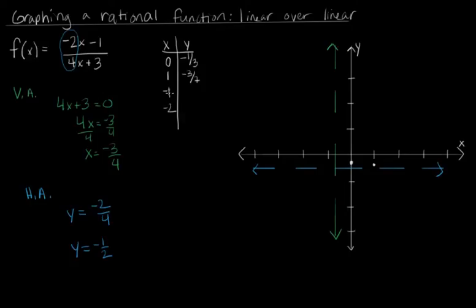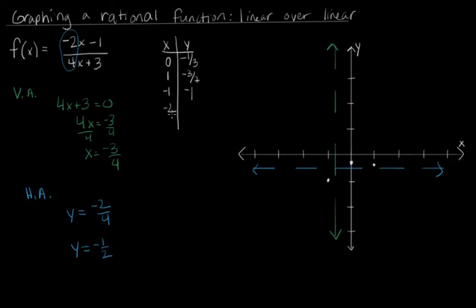And then negative 1 will give us positive 2 minus 1 is just 1, over negative 4 plus 3, which is negative 1. So negative 1 is going to be negative 1. So negative 1 is right here.